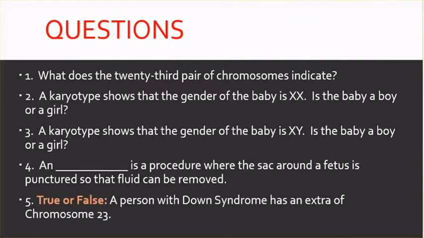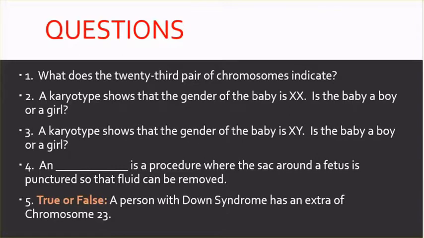Questions. Number 1, what does the 23rd pair of chromosomes indicate? Number 2, a karyotype shows that the gender of the baby is XX. Is the baby a boy or a girl? Number 3, a karyotype shows that the gender of the baby is XY.